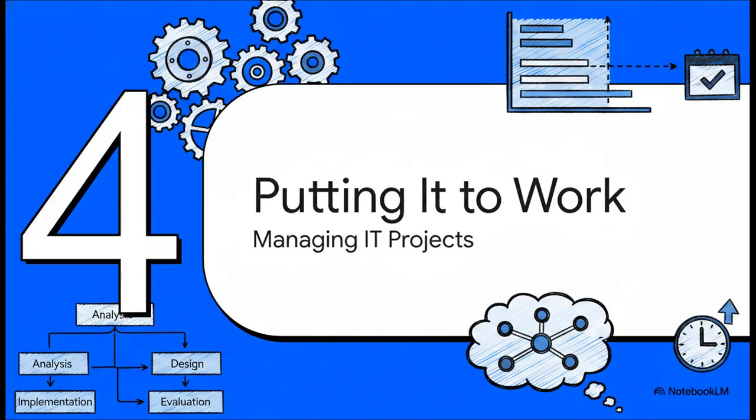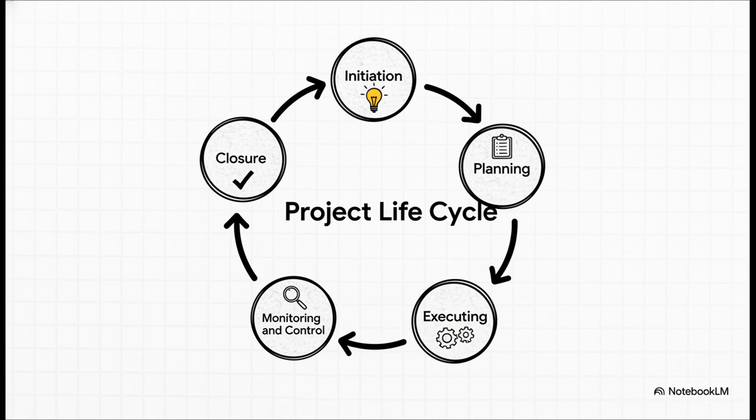So the system lifecycle tells us what steps to take to build something. But how do we actually manage all the people, the time, and the money involved in that process? Well, that's a whole different challenge, and it needs its own framework, project management. And this is the project lifecycle. This is the manager's point of view.